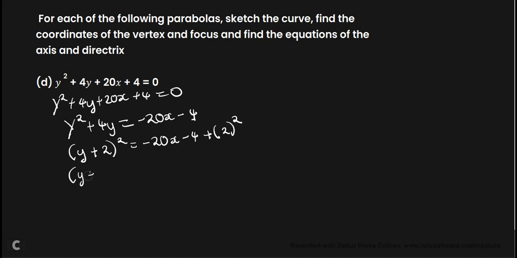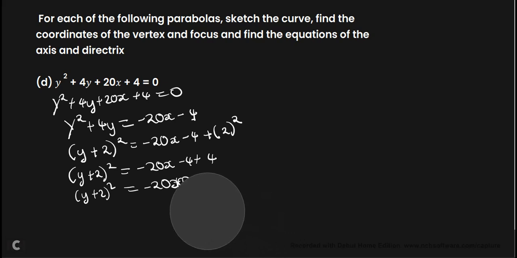That is y plus 2 squared equal to negative 20x plus 0. Such that you have y plus 2 squared equal to negative 20x, like that.